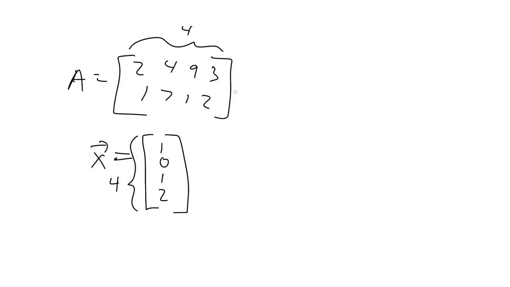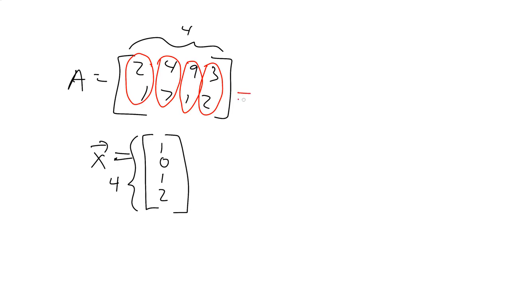Now, what I'm going to claim is that if you look at the columns here, and consider each one of these columns a two-dimensional vector. So we've got 2, 1, 4, 7, 9, 1, and 3, 2.